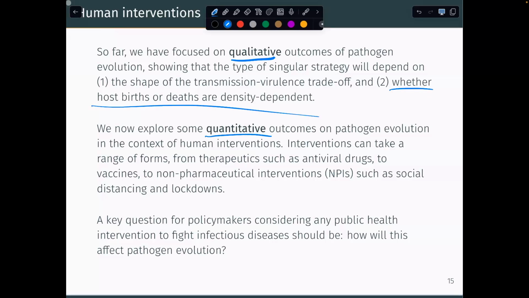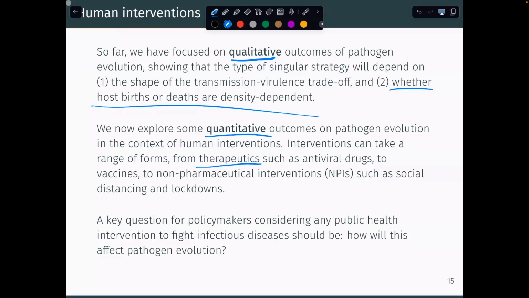Quantitative outcome here, we're going to think about what happens to the actual level of virulence, our singular strategy, as some key parameter changes in our model. So what key parameter are we going to think about? We're going to be thinking about some sort of intervention. I mentioned interventions at the start. These can take a range of different forms. We might have therapeutics, things like antiviral drugs.